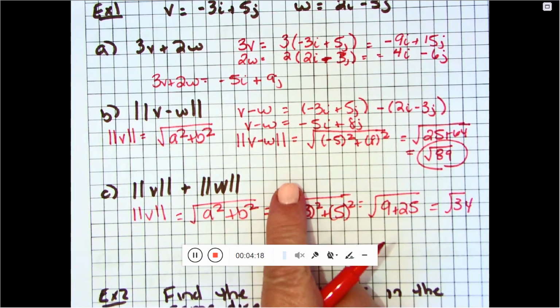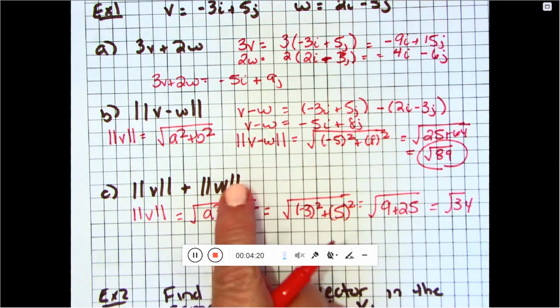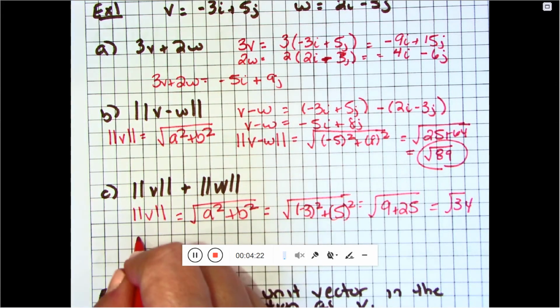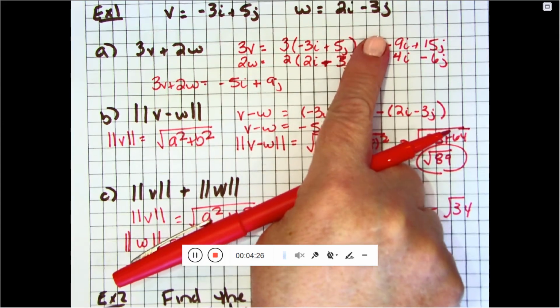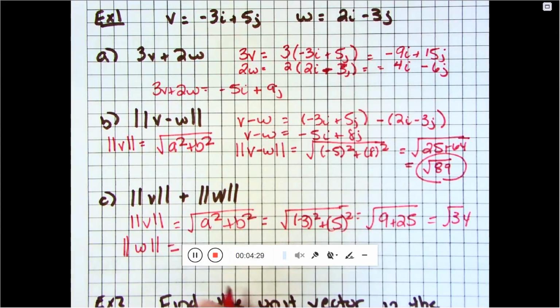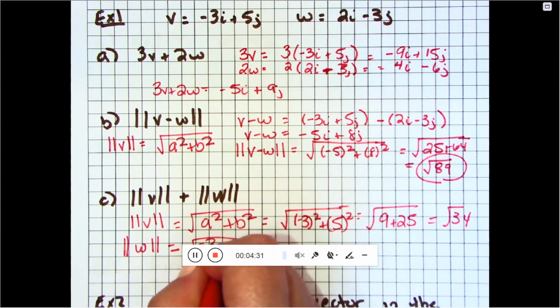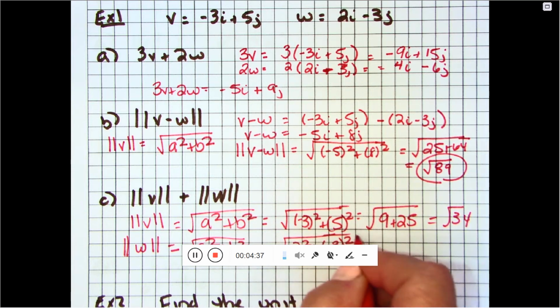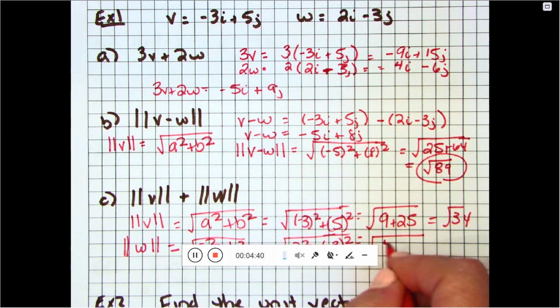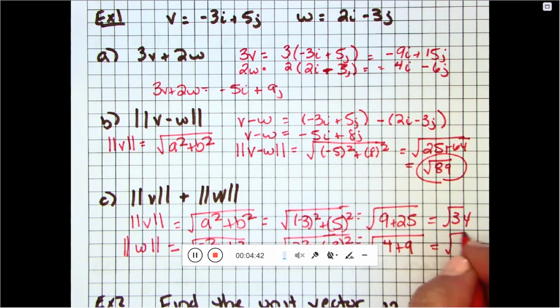And now we're going to add that magnitude to the magnitude of vector w. So the magnitude of vector w, here's vector w. Again, I'm going to do the square root of a squared plus b squared. So it's 2 squared plus negative 3 squared, the square root of 4 plus 9, the square root of 13.